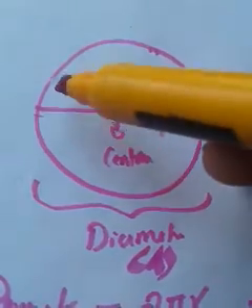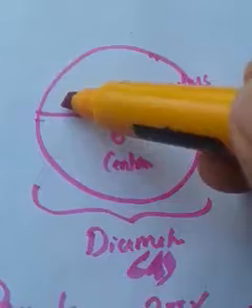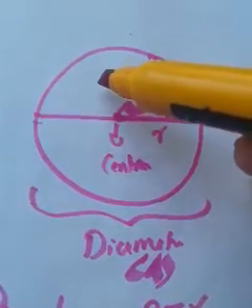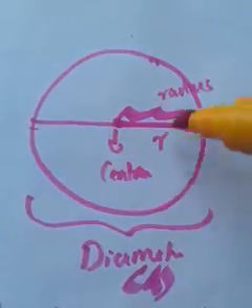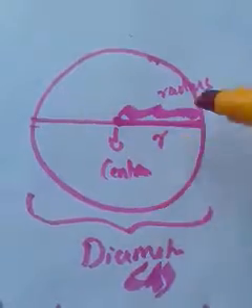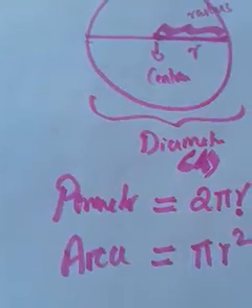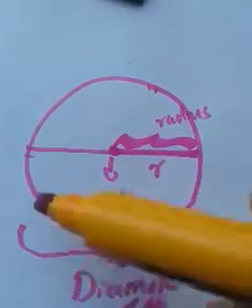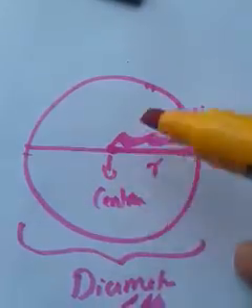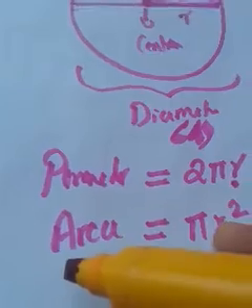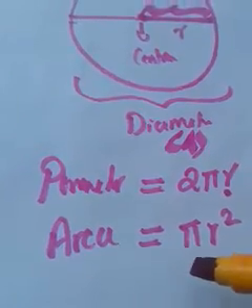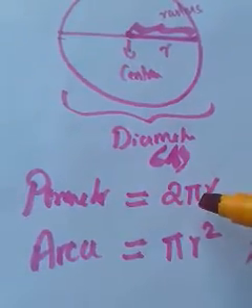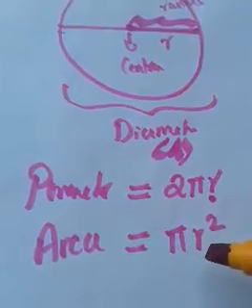And suppose someone is going to plant some vegetables throughout the ground. That is related to the interior portion, so in that case we will use the concept of area. In that way, for everything related to the complete interior portion, we will use the concept of area. Clear? So this is the formula for calculating the perimeter of the circle, and this is the formula for calculating the area of the circle.